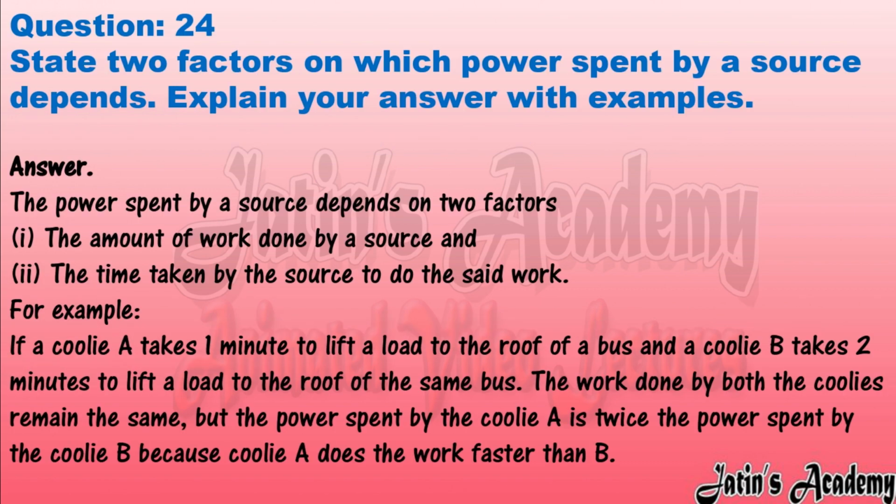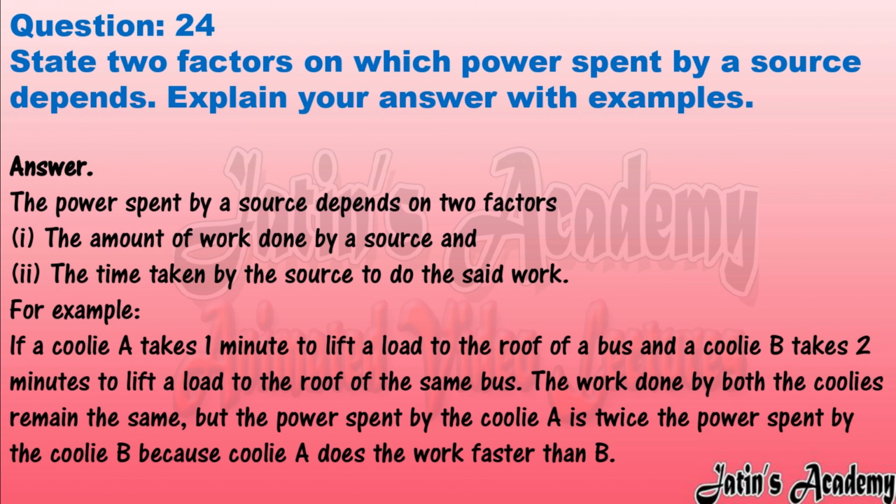Question 24. State 2 factors on which power spent by a source depends. Explain your answer with examples. Answer. The power spent by a source depends on 2 factors. First, the amount of work done by a source and second, the time taken by the source to do the said work.